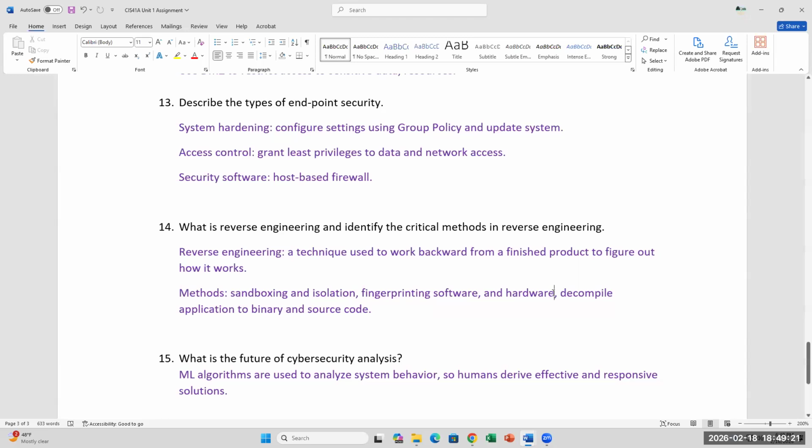You need to take a look at the hardware, like the chipsets and storage. And then at the software level, you can decompile. So this is why programming language is important in this field.